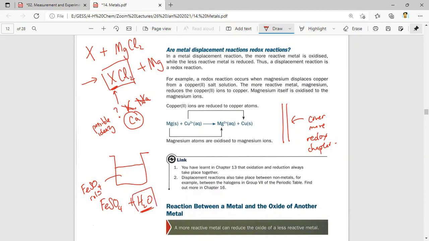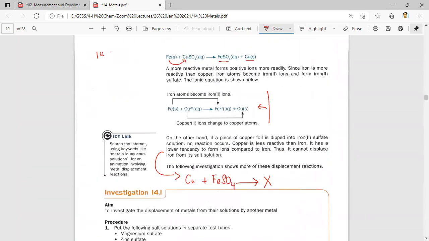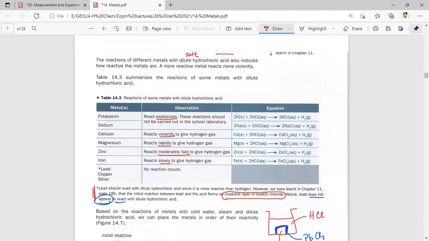Let's go back to the example I gave at the top. If X is calcium, do you think calcium is just going to displace magnesium itself? Is that the only reaction that's going to occur? The answer is no. Why? If you scroll all the way back up, what do you realize about calcium with water?